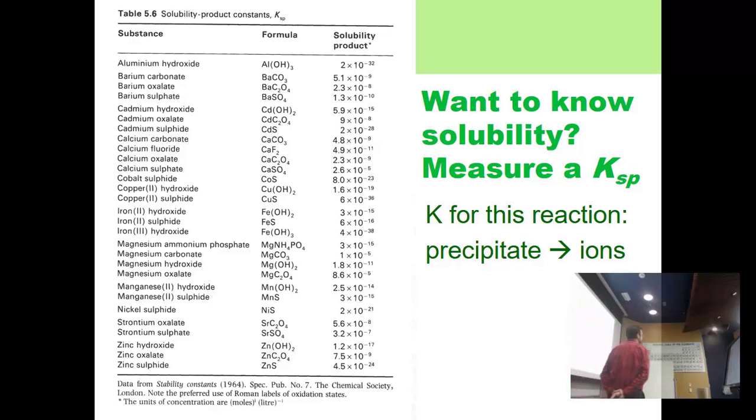What is the Ksp for manganese(II) sulfide? It's going to go to ions: [Mn][S], right? What's it going to be for the hydroxide? [Mn][OH]².